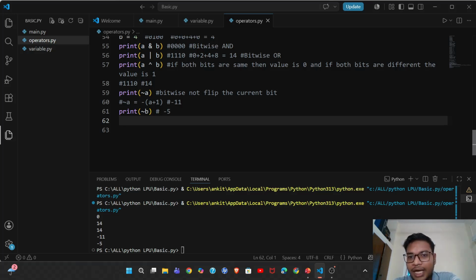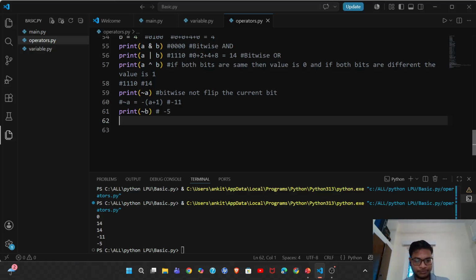Therefore, I give more extra effort and time to the bitwise operators, because they are among the most important operators, not only in Python but in all types of language. If you learn C, C++, Java, the bitwise operator is very important. Okay, so let's move forward.